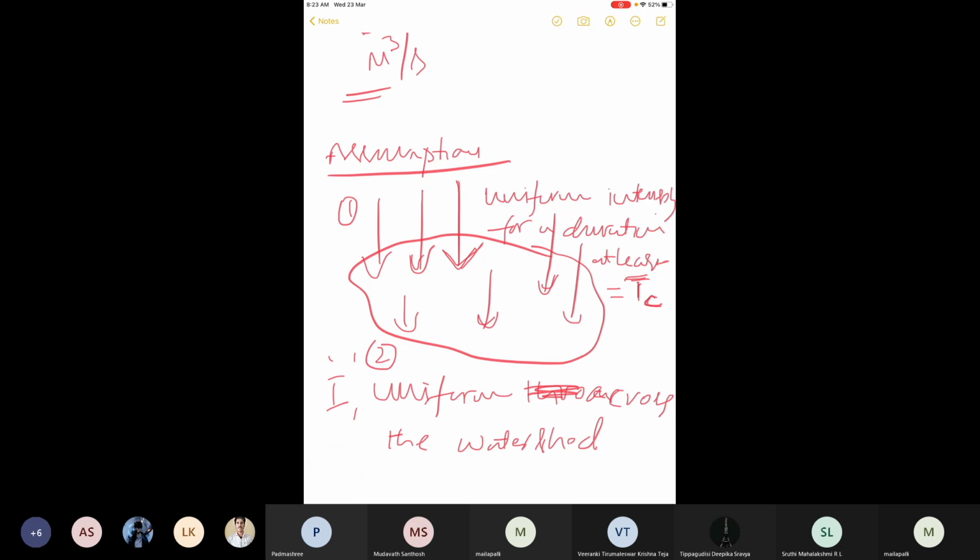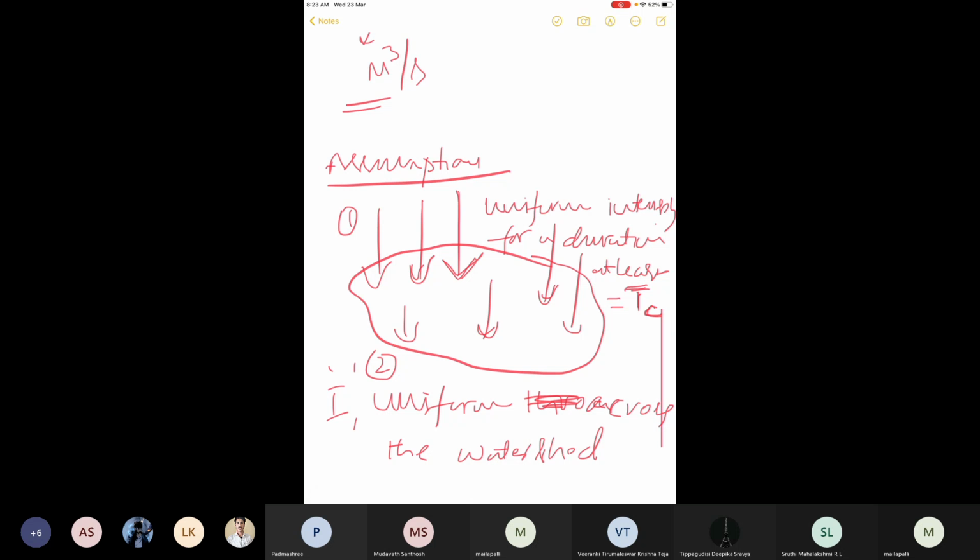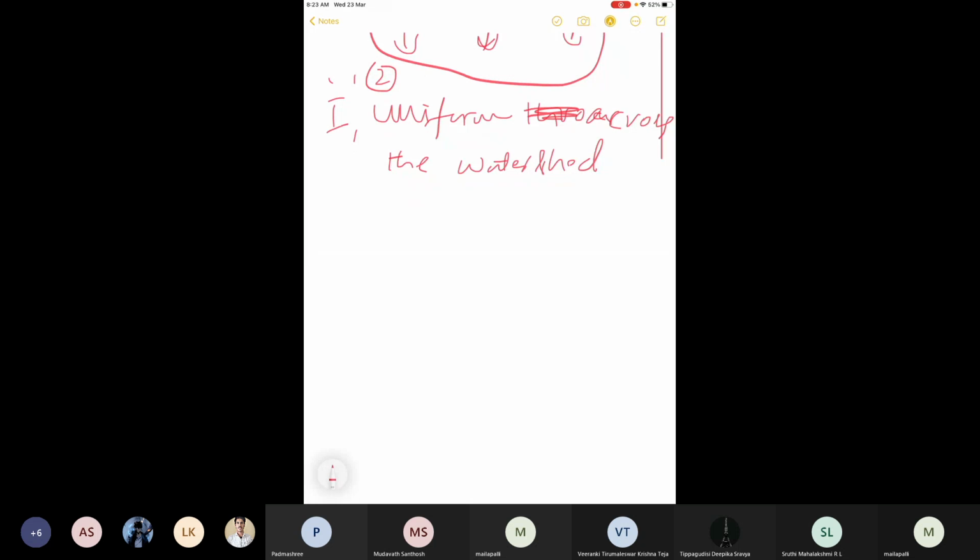Why do we need to consider the time of concentration as the duration of the storm? Anybody? During the 5-year, 10-year, or 20-year return period, for the rainfall intensity value used in the rational method, why should we consider the time of concentration as the duration?